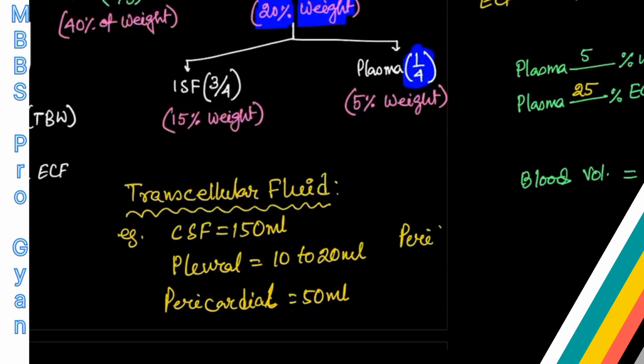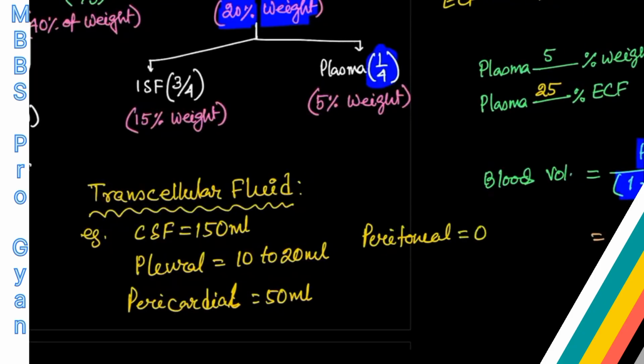You also know that there is peritoneal fluid, which has a volume of approximately 0 ml in a male, and approximately 20 ml in a female, particularly in the post-ovulatory phase, because during ovulation there is rupture of the follicle and a certain amount of fluid oozes out into the peritoneal cavity.